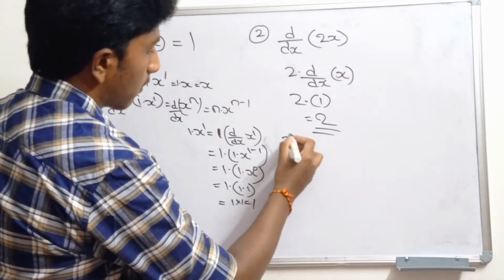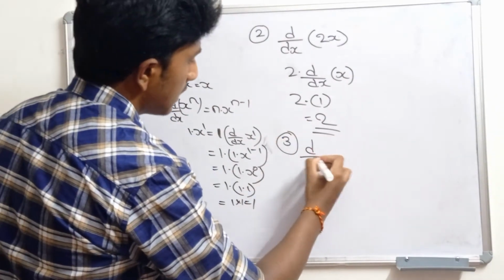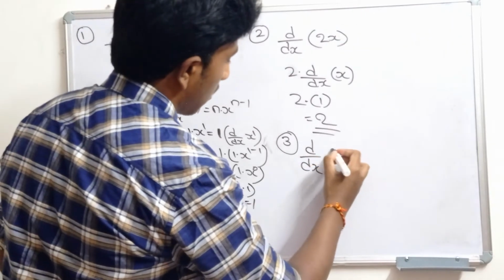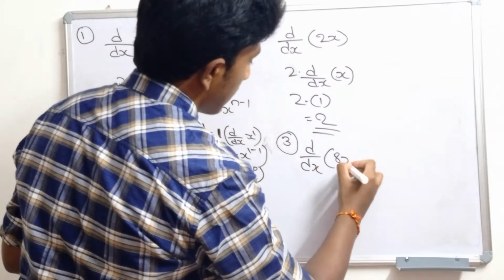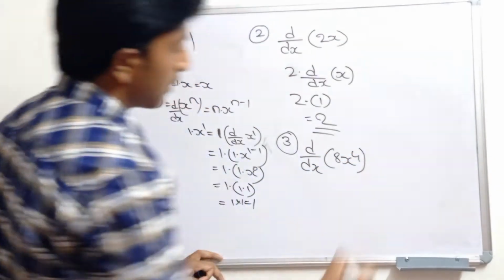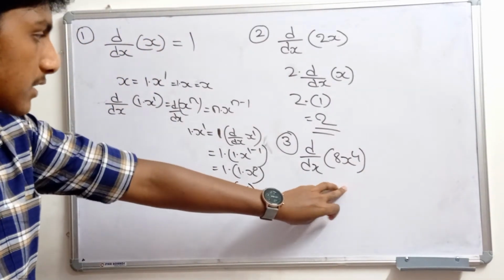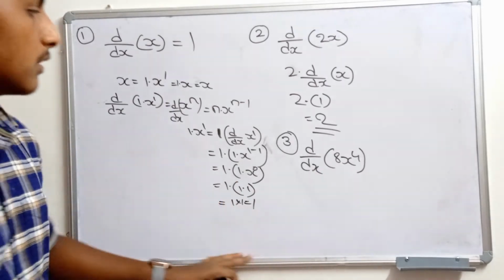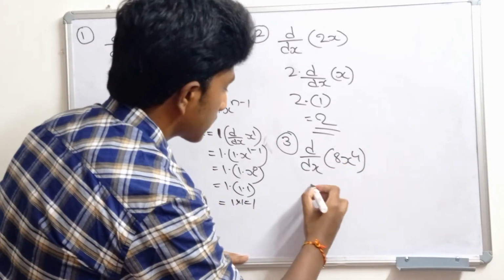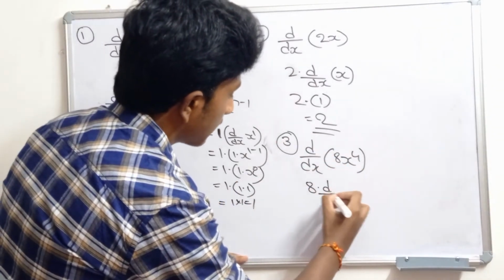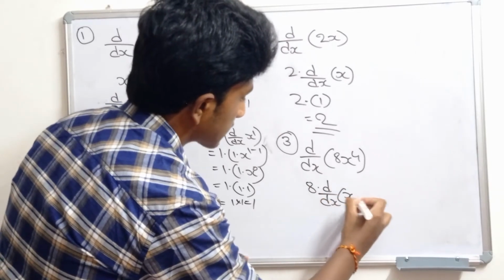Now the third problem is d by dx of 8x power 4. Same way, take out the constant outside: 8 into d by dx of x power 4.